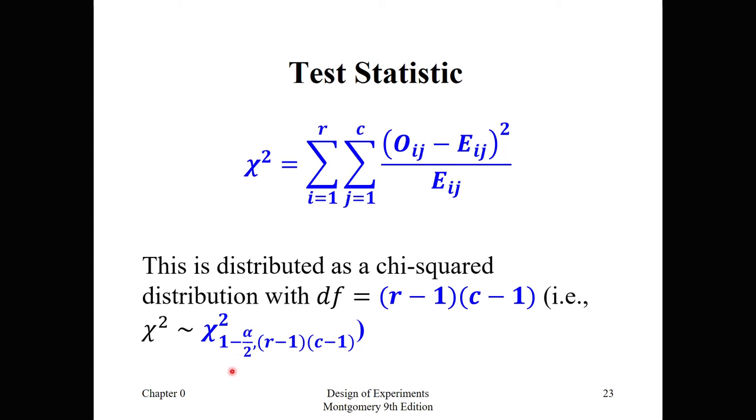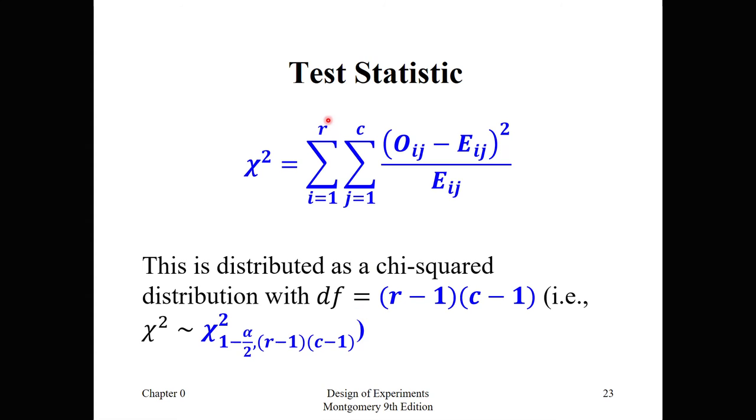And of course, if we're looking for the critical value, we'd have 1 minus alpha over 2 for a two-tailed, or 1 minus alpha for a one-tailed. Now, this is something that we only test typically in a single direction, so do be aware of that.